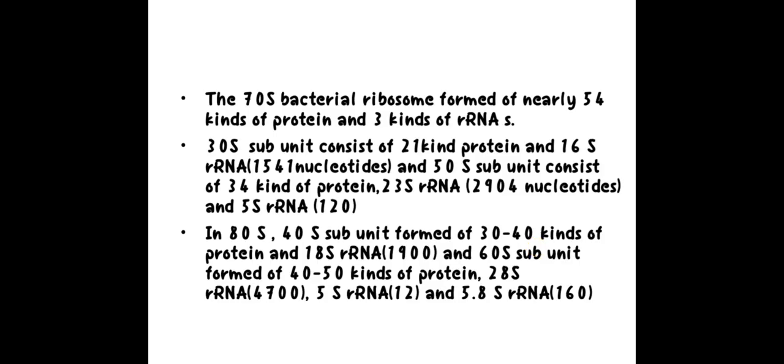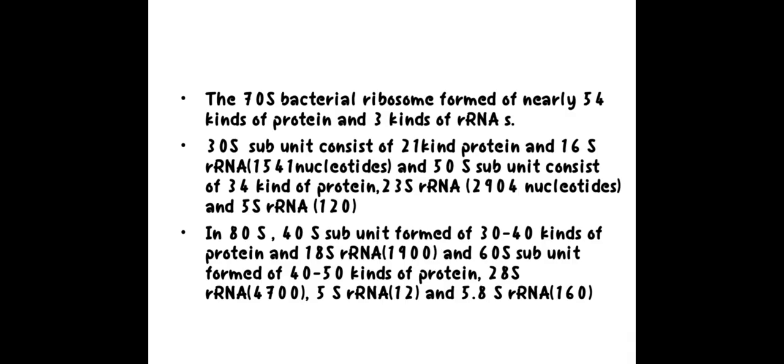The 70S bacterial ribosome is formed of nearly 54 kinds of proteins and 3 kinds of rRNAs. The 30S subunit consists of 21 kinds of protein and 16S rRNA, 1541 nucleotides, and the 50S subunit consists of 34 kinds of protein and 23S rRNA.